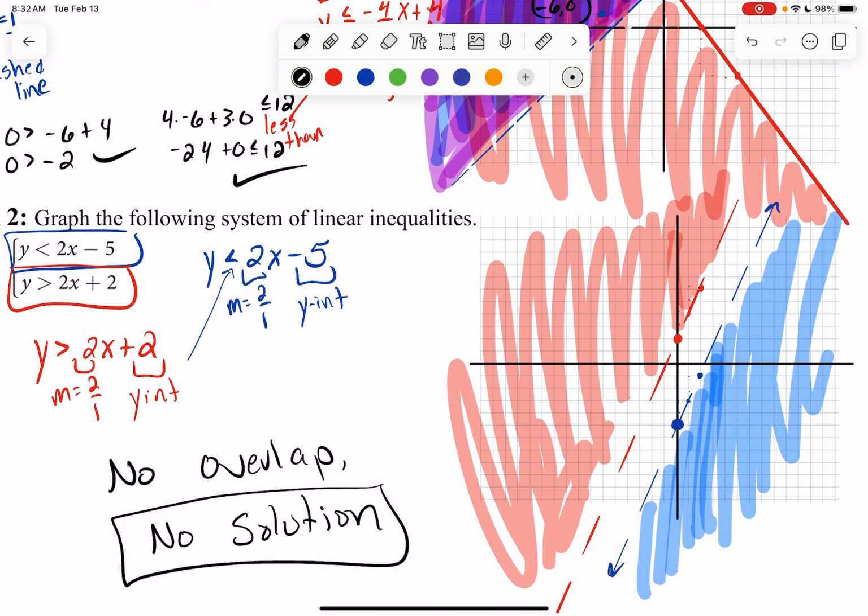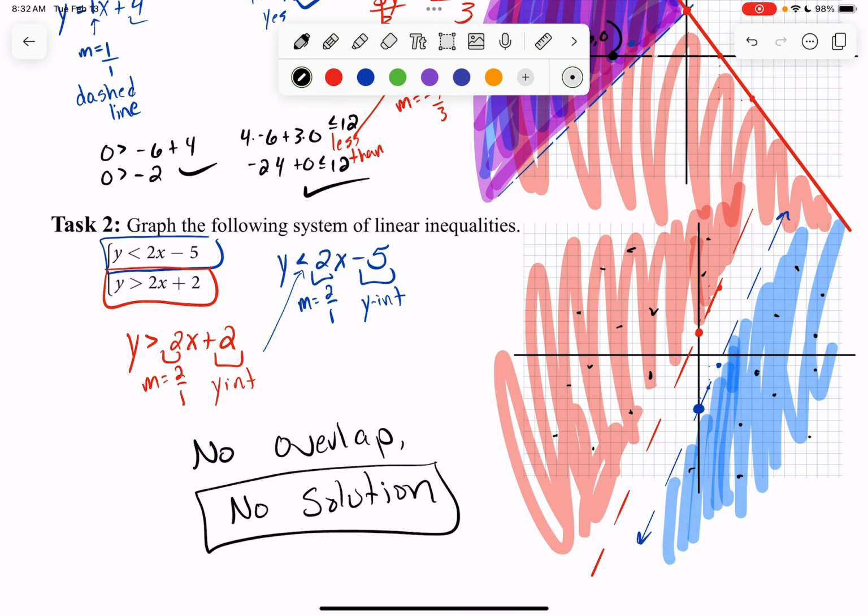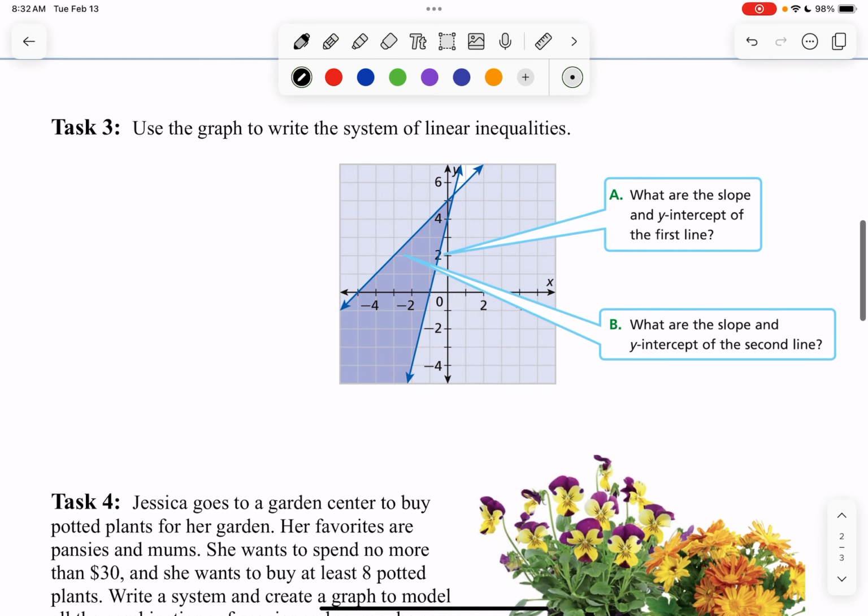There is no point that will work in the blue equation, because that's all the points down here, that will also work in the red one, because those are the points up here. There's no point that will work in both. There's no way that I can multiply a number by 2 and subtract 5 and get a number less than that, so it just doesn't work. There's no overlap.